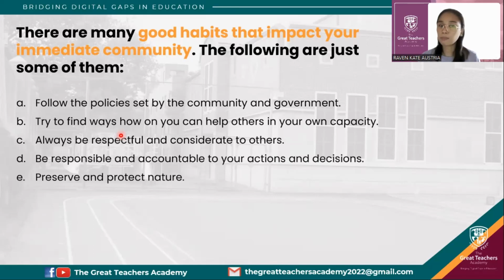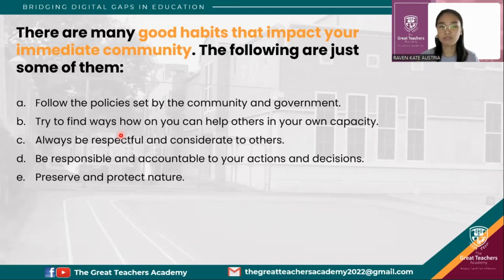Letter E, preserve and protect nature. This is very important. And pwede mo siyang gawin as simple as reduce, reuse, recycle, or even yung pagtatapon ng basura sa tamang basurahan, or even picking yung mga kalat sa labas na kaya mo naman palang itapon.